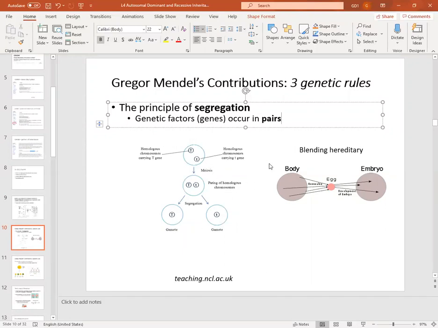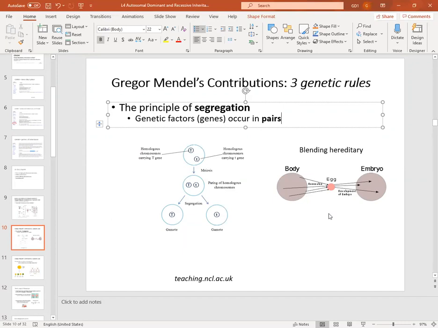Before Mendel's hypothesis was accepted, a lot of people accepted blending heredity, because they said the body will transfer a lot of things to the egg, and the egg mixed with the sperm and transferred to the embryo.